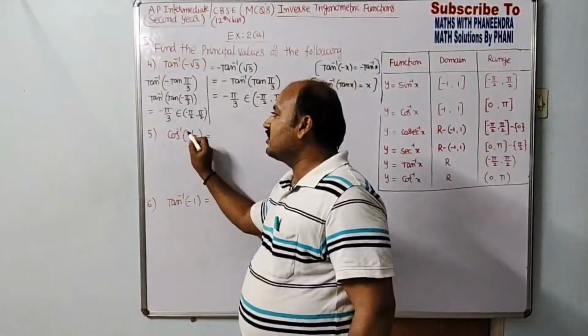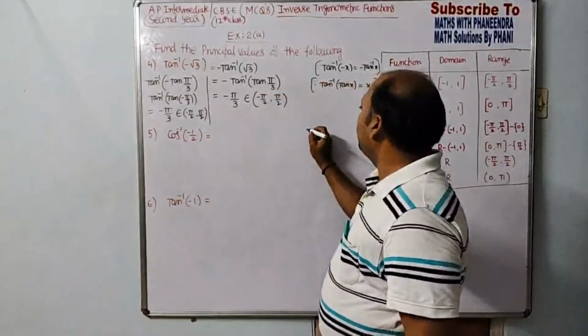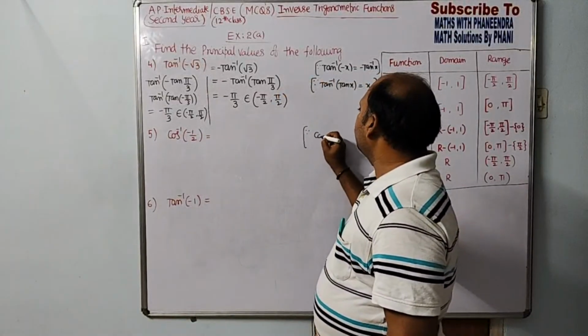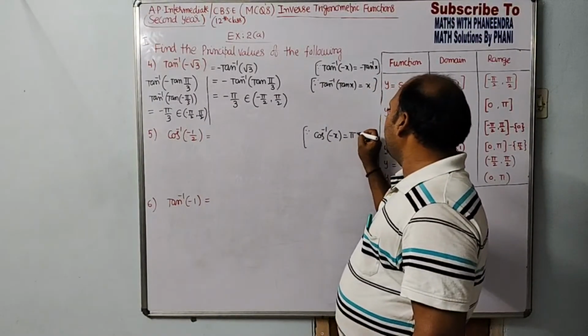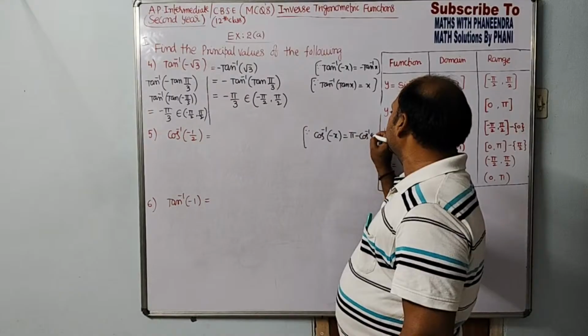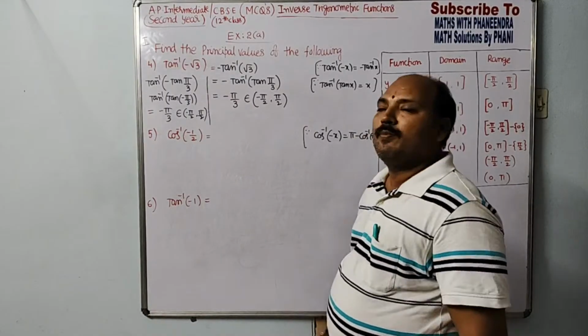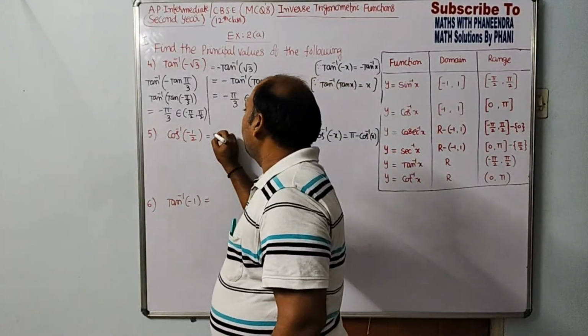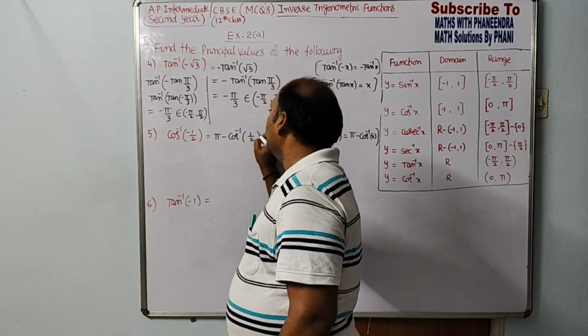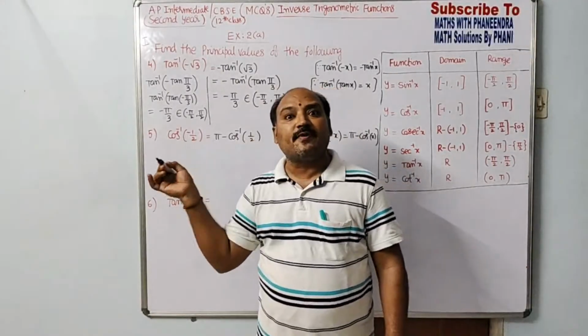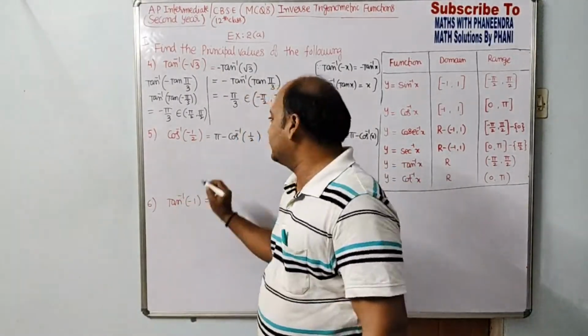Now come to cos inverse of minus 1 by 2. Here a very important formula: cos inverse of minus x is equal to pi minus cos inverse of x. So by using this formula, pi minus cos inverse of 1 by 2. So 1 by 2 in terms of cos, for what angle does it come? Cos 60 degrees.